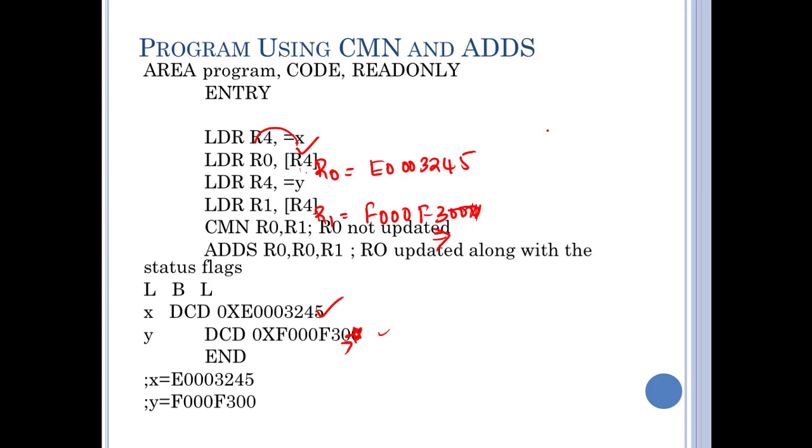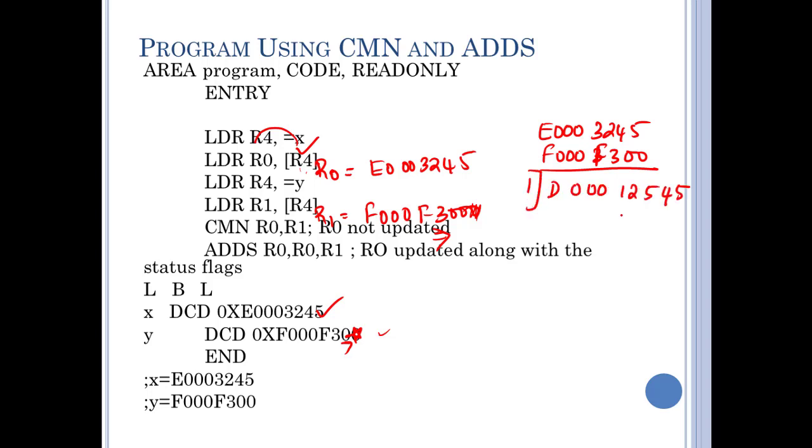So negated content, if you subtract, definitely you will have your negative flag to be 1. And if you add 3245 and F300, you will be getting a carry followed by D, followed by 30, 1254.